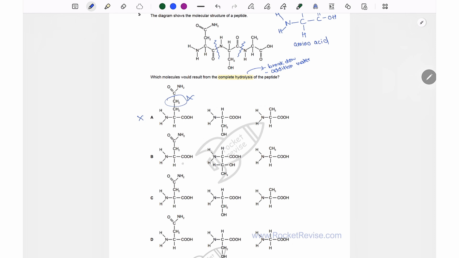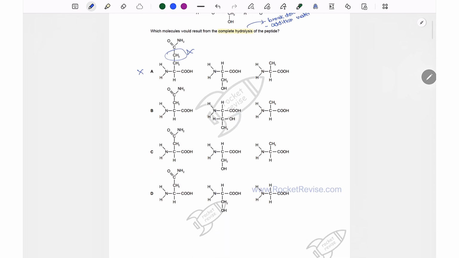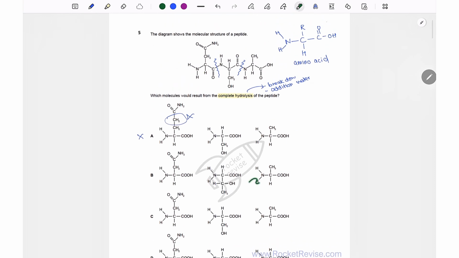So A is not our answer, and then B, if you look closely at the second amino acid, this bit is the R group, and the R group here does not match with that, so this is not our answer.